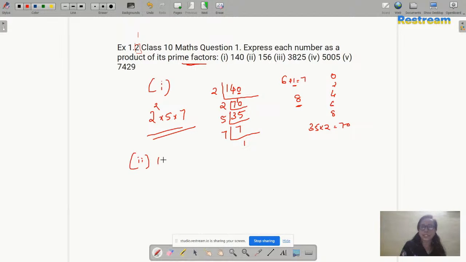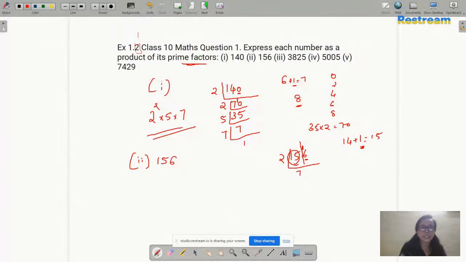Same way, children, you can see this prime factorization. Ending number is 6. So 2 sevens are 14, then 1 carrying, because it is 15. 14 plus 1 is equal to 15. So 1 will be carrying; here 1 is the remainder. That 1 you can write here.